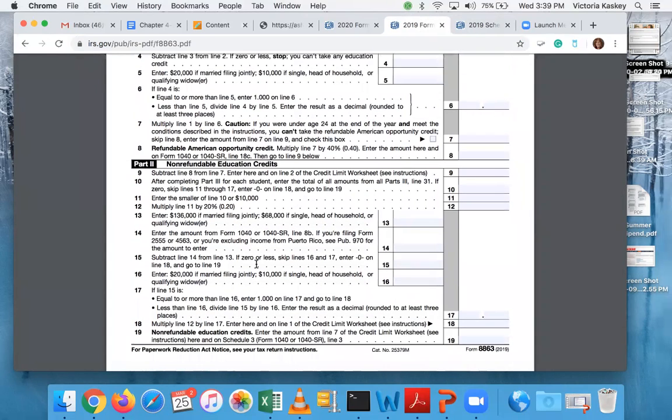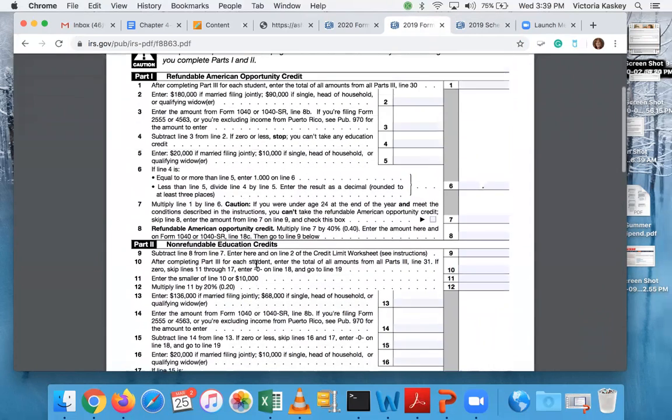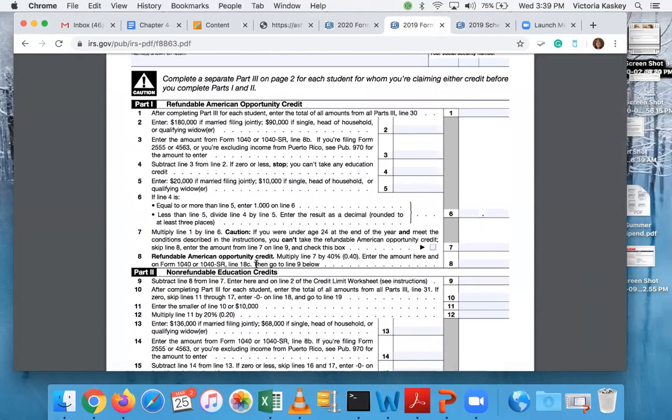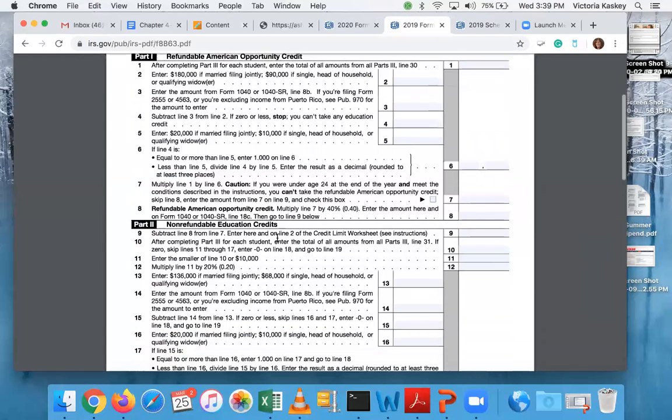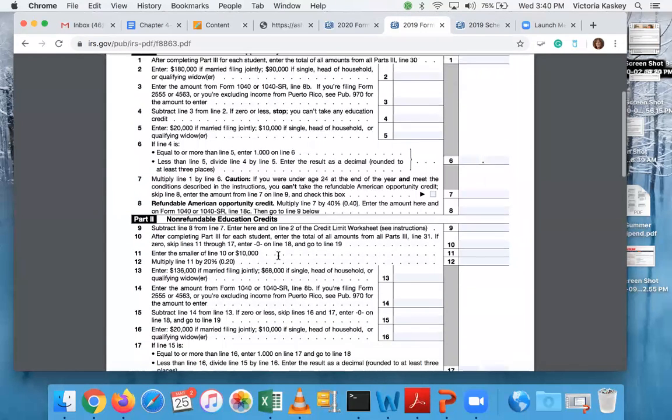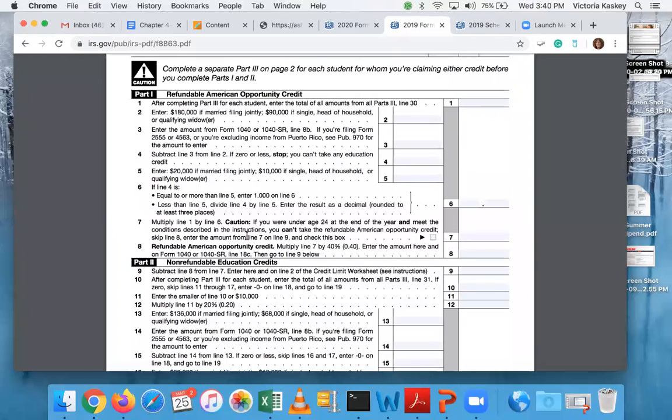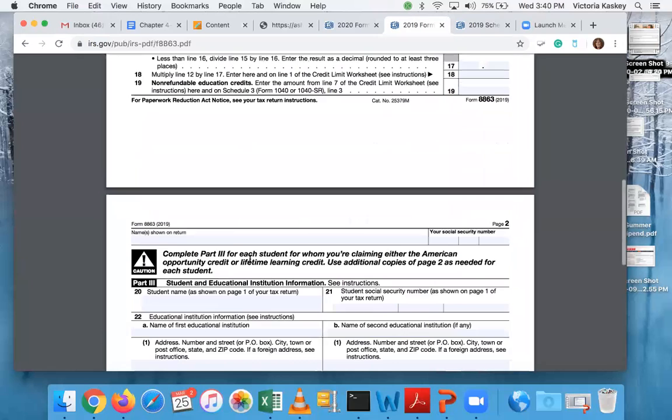Remember that the entire Lifetime Learning Credit is non-refundable, and part of the American Opportunity Credit is non-refundable. Lifetime learning is all non-refundable. The American Opportunity Credit is broken up between refundable and non-refundable.